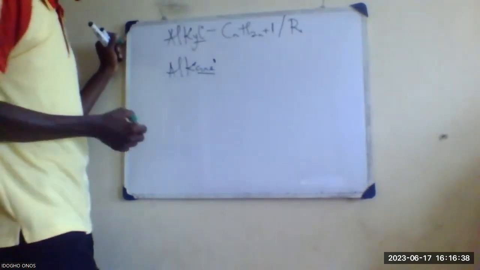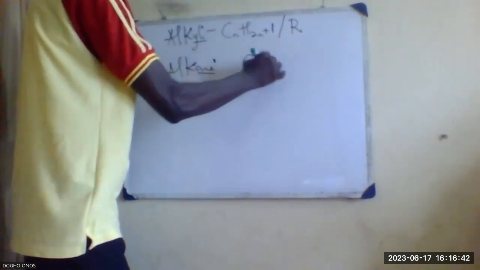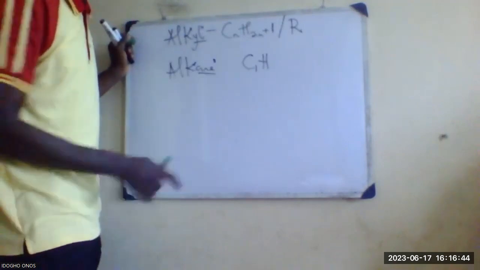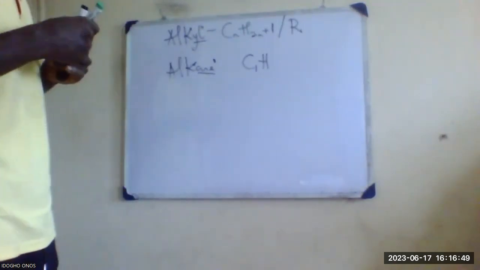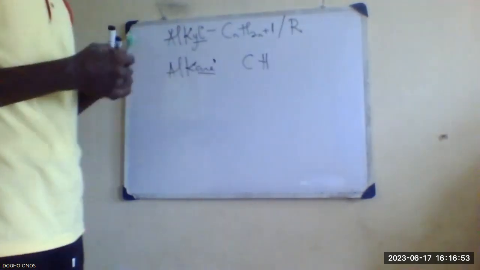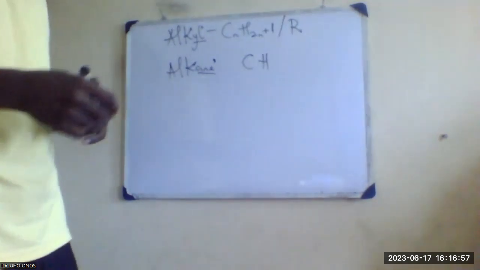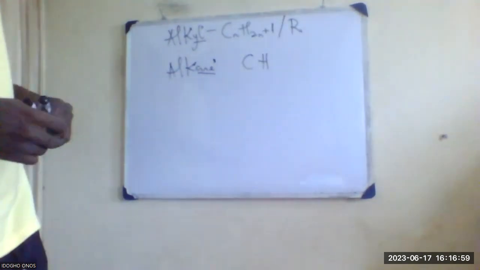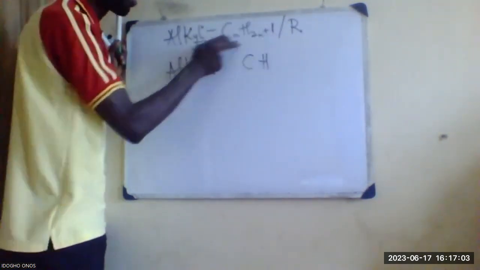And how do I arrive at that? I'm trying to look at the first member of the alkyl using this molecular formula.